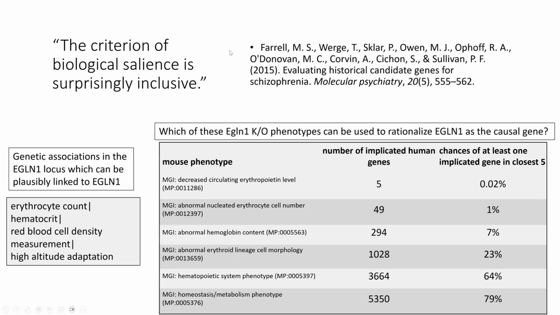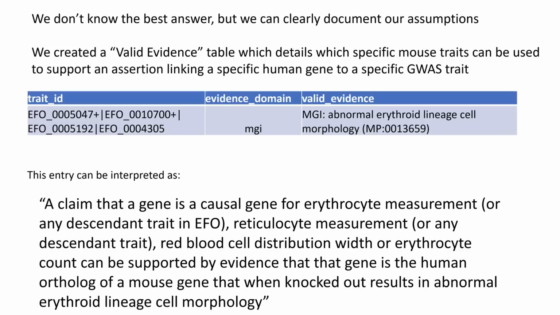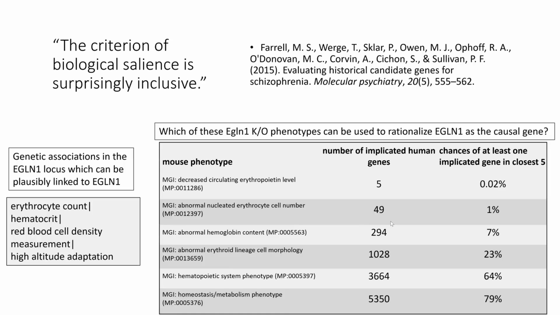I don't have a good heuristic for what level of specificity that should be. Just empirically, somewhere in the vicinity of 100. So if your biological criteria can apply to about 100 genes and no more, then that's probably pretty useful.